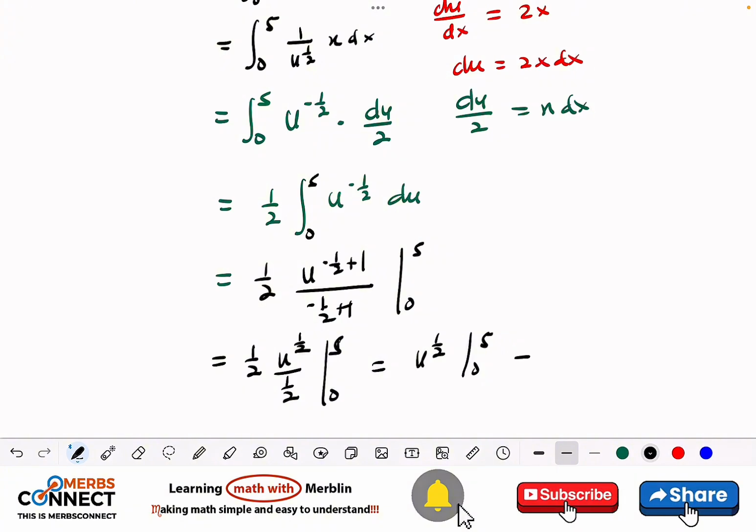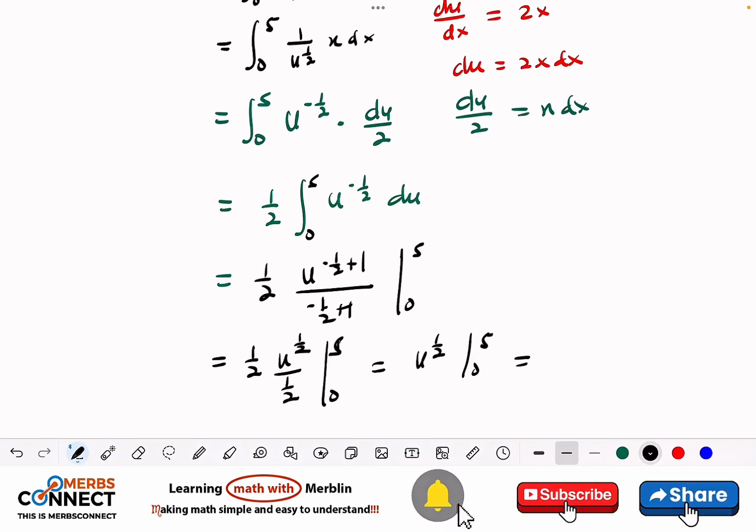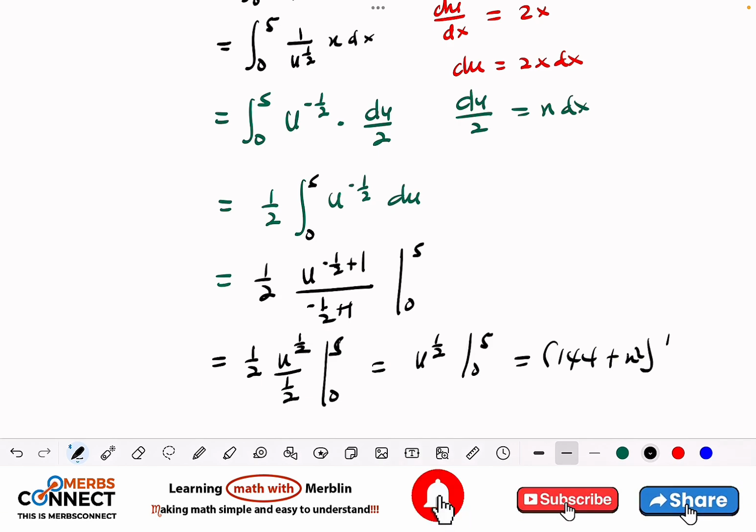Let's plug them in. Good. So remember, this is not for u, so we need to go and look for u. This is u here. So we are going to have 144 plus x squared, all to the power half, from 0 to 5 before you do the plug in. So always be careful with integration by substitution. So now let's plug in 5.